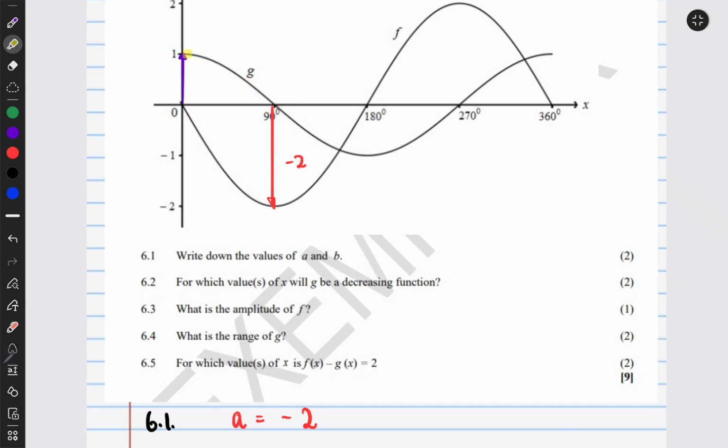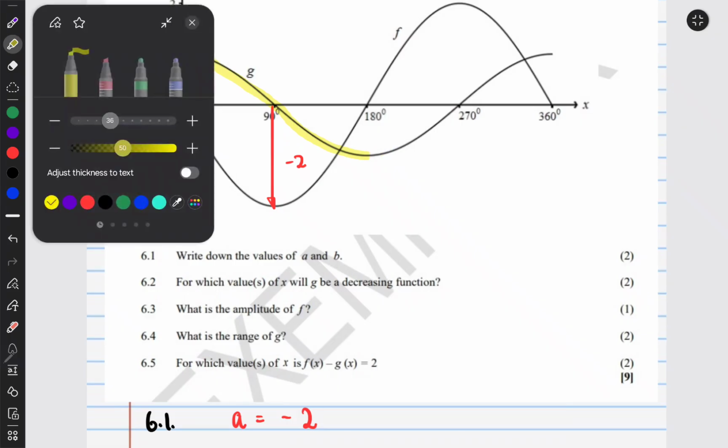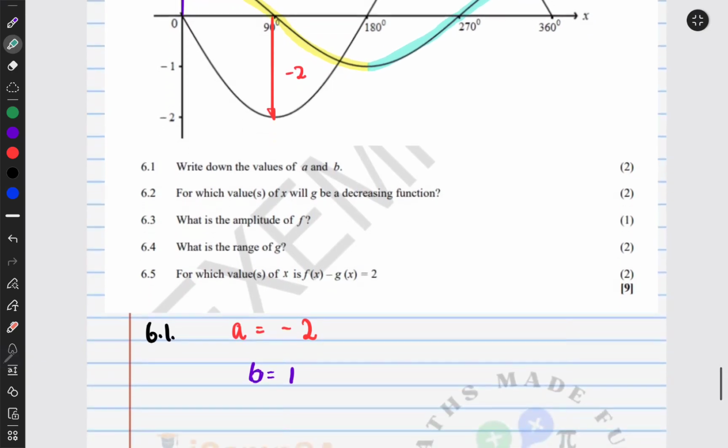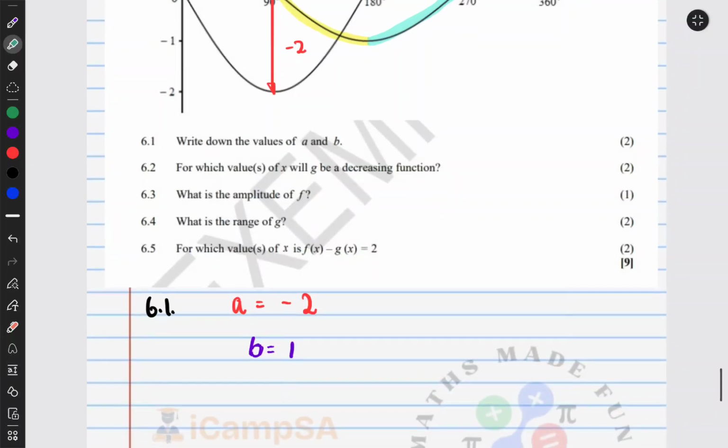So this function will be decreasing all along, up until here we reach that stationary point, and you start to see that as we increase the values of x, the function starts increasing. So it's from 0 to 180 degrees. It's for those values of x that the function g will be decreasing, the cosine function.